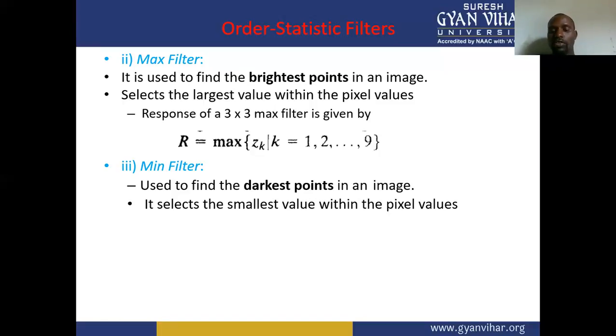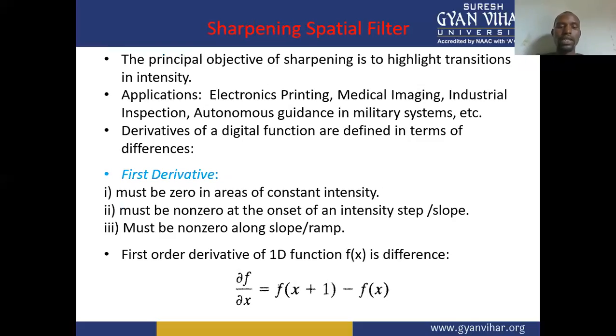Now, the next thing we are going to look at is the sharpening spatial filter. The principal objective of sharpening is basically to highlight transitions in intensity. What we are focused on is to highlight the intensity.